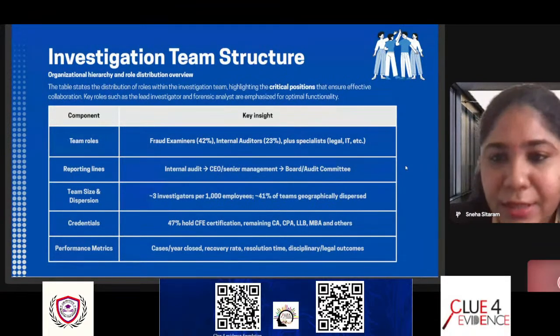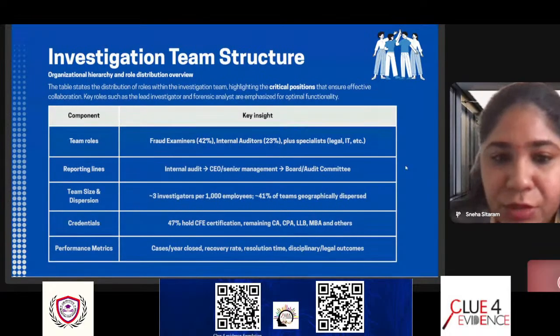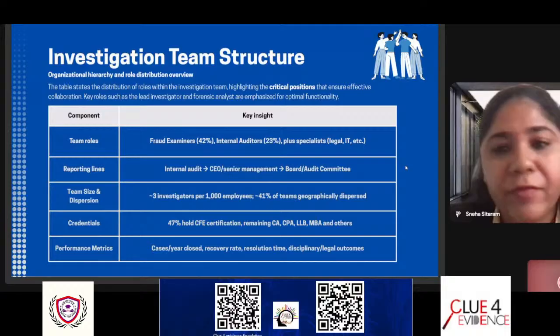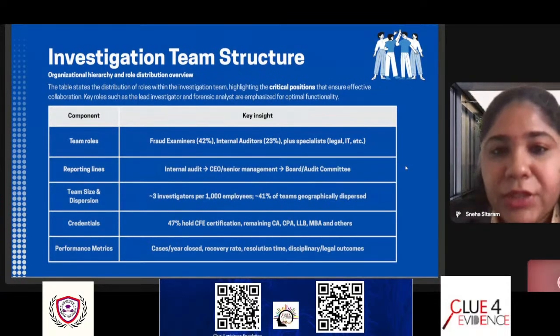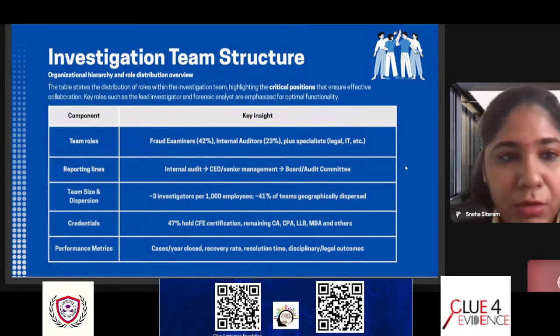As for credentials, normally CFEs do it, then CAs, CPAs, LLBs, MPAs or others. Anyone with an investigation brain can carry forward a very good investigation if you follow the key goals and objectives of investigation.